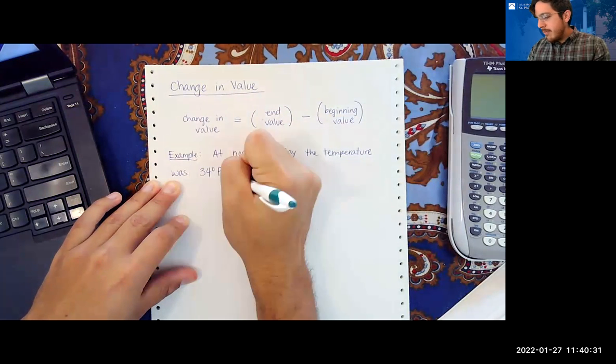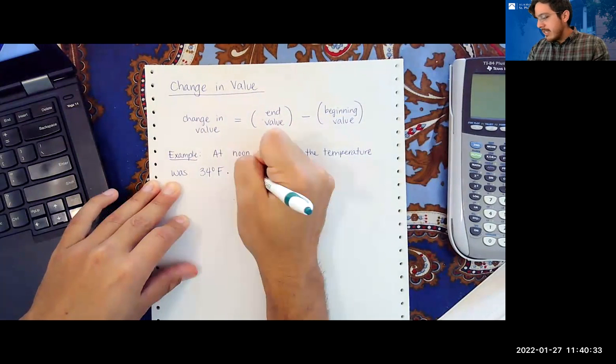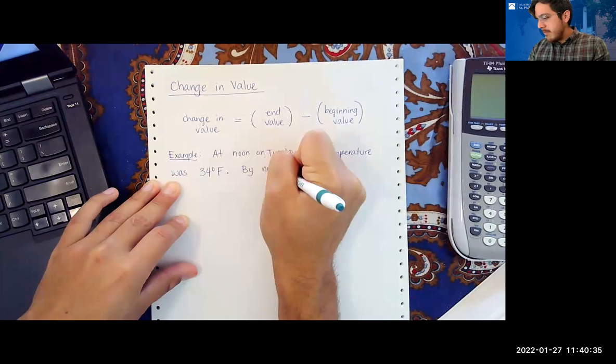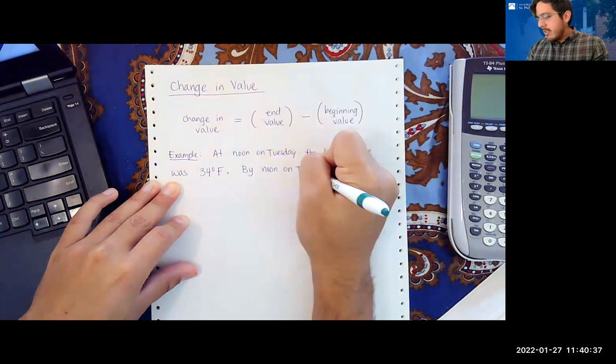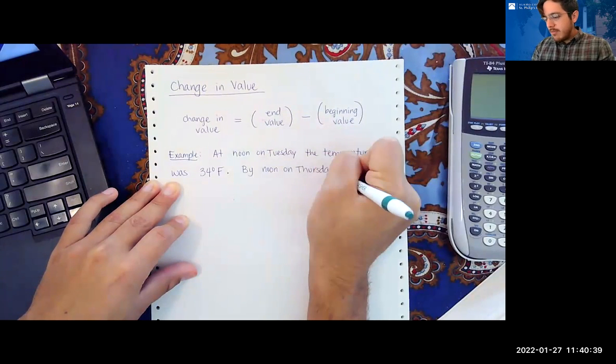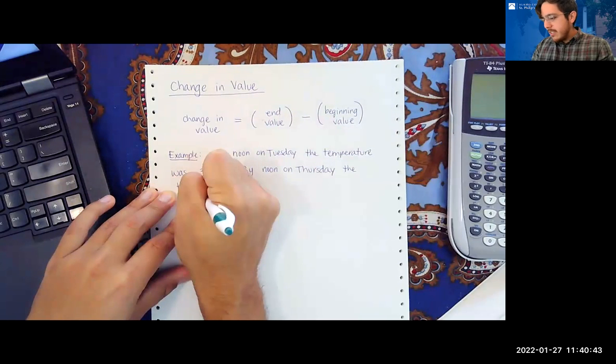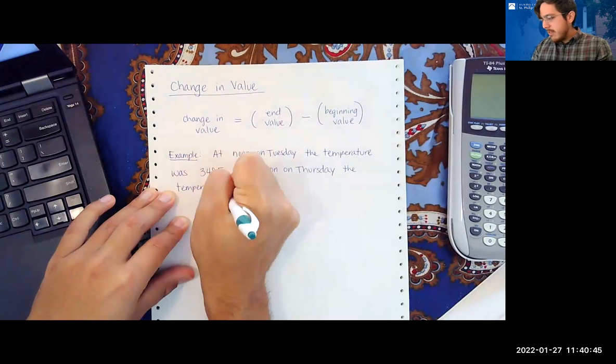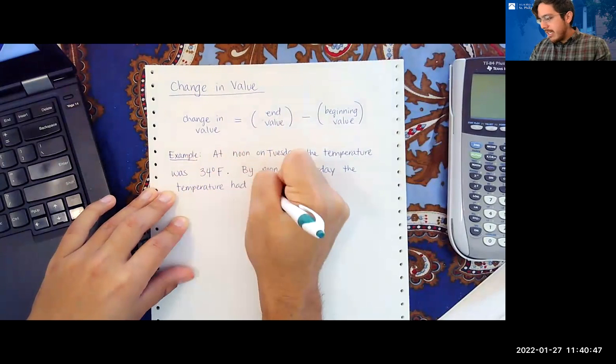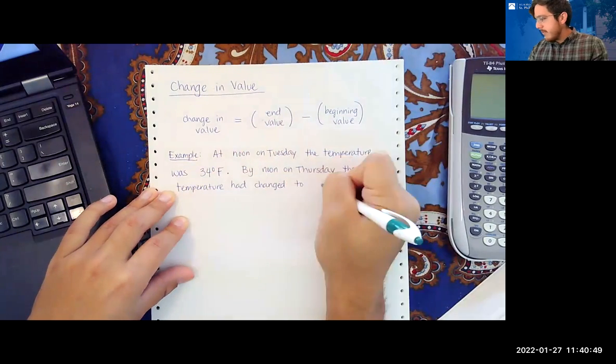By noon on Thursday, the temperature had changed to -5 degrees Fahrenheit.